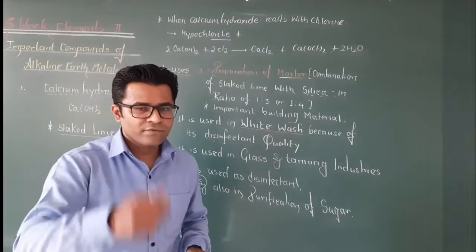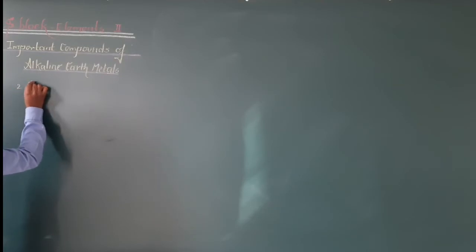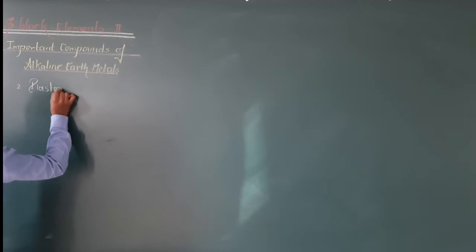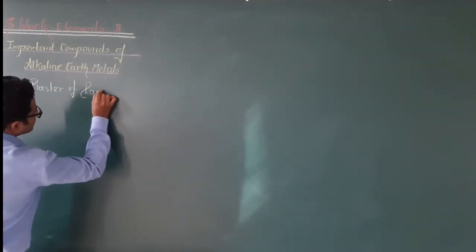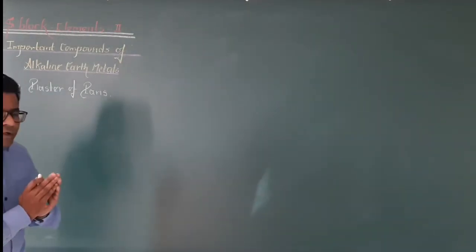So let's go further. Moving with the next one, and the next important compound that we have is the plaster of Paris. Okay, so when we are taking a look into the plaster of Paris, first thing is about its chemical formula.